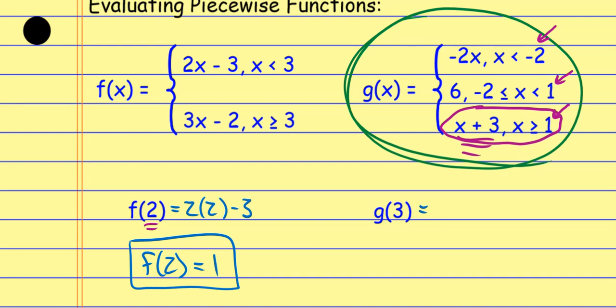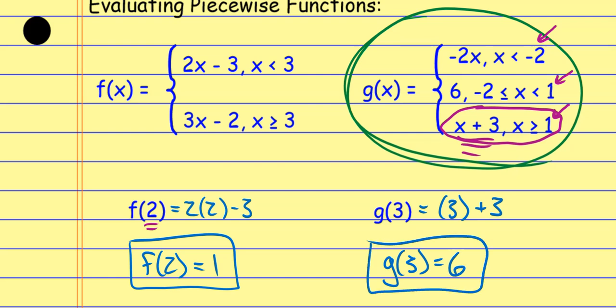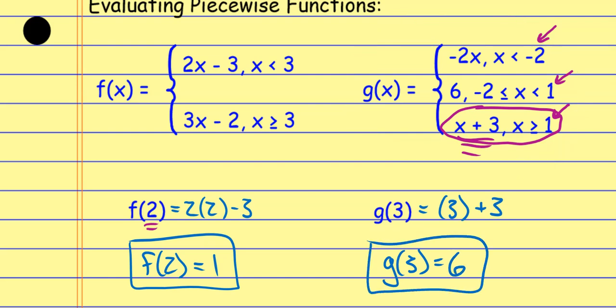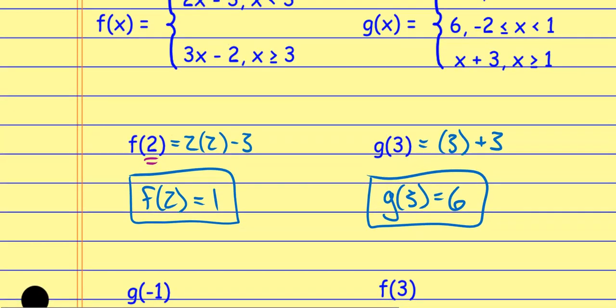Okay? So it's a matter of determining, based on this domain value, which piece of the function I want to use. This one, with a domain value of 3, I want to use that third piece. So g of 3 equals a 6. Okay? If I look at the next one, once again, this time I have g of -1, so I've got to scroll back up here.